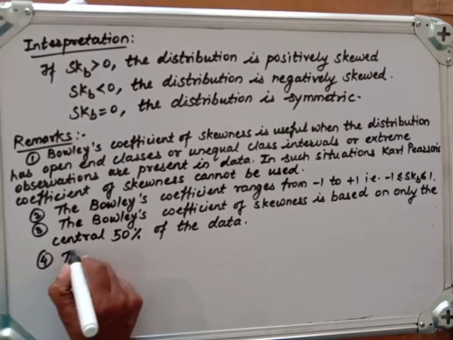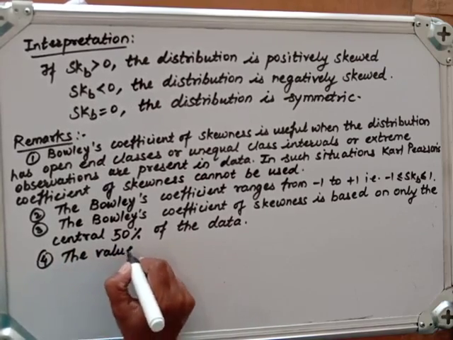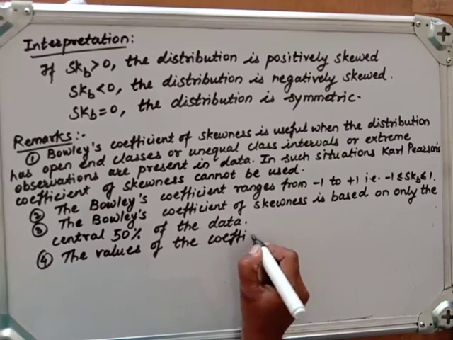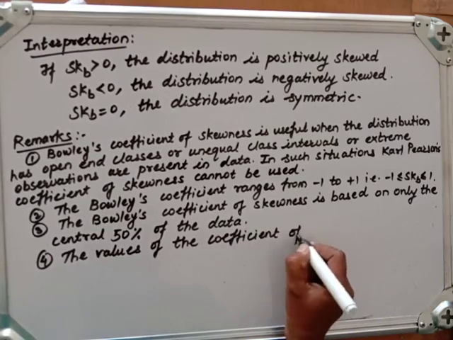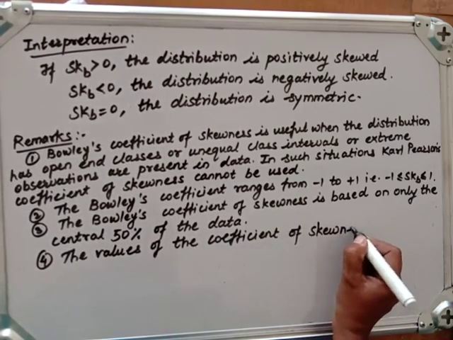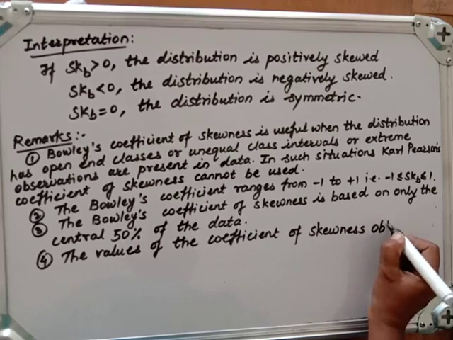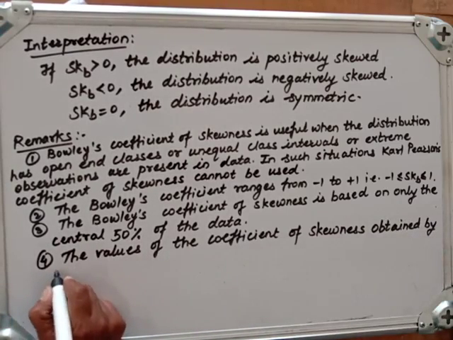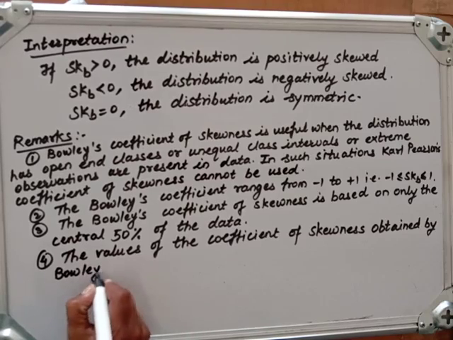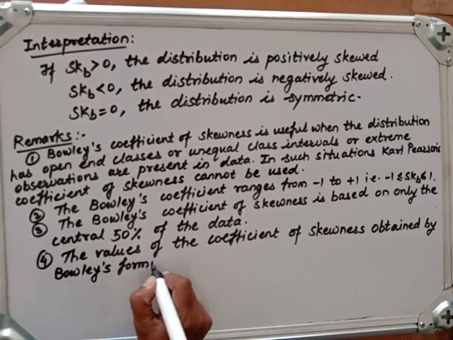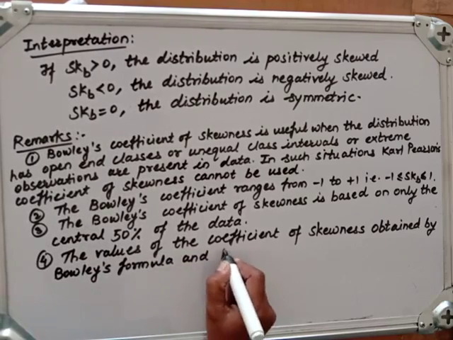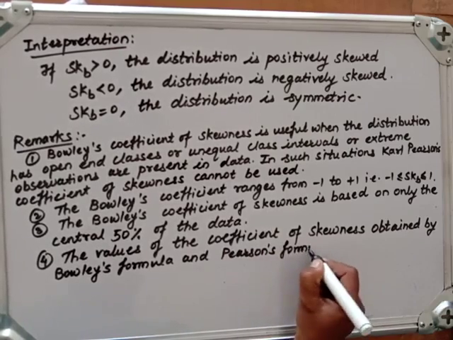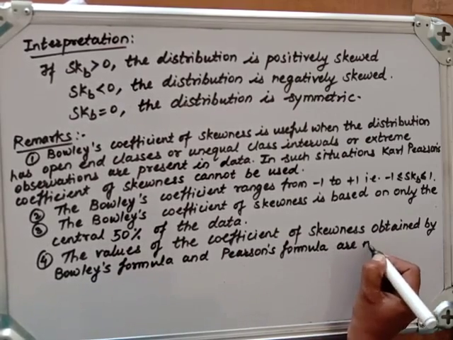Next, the values of the coefficient of skewness obtained by Bowley's formula and Pearson's formula are not comparable.